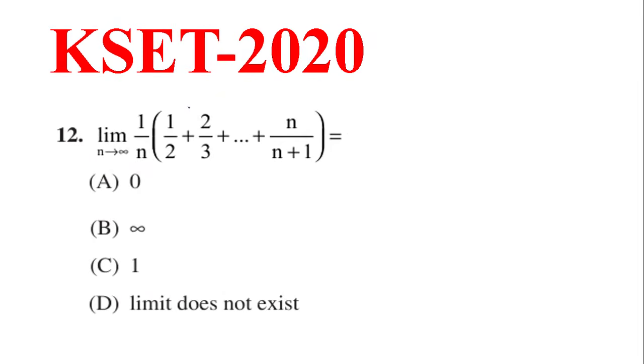Next question: the limit as n tends to infinity of 1/n times (1/2 + 2/3 + and so on + n/(n+1)) is equal to. This question is based on Cauchy's first theorem.